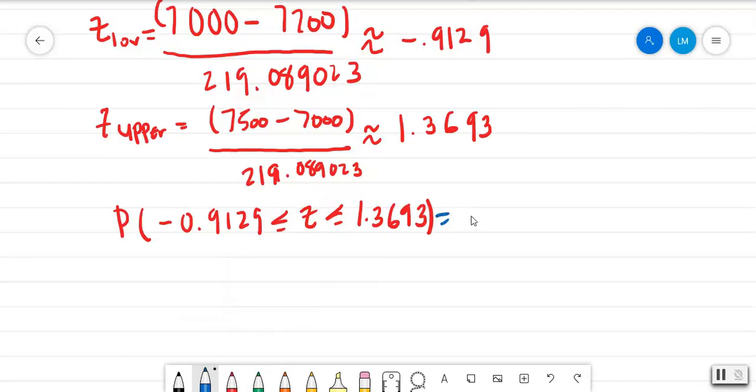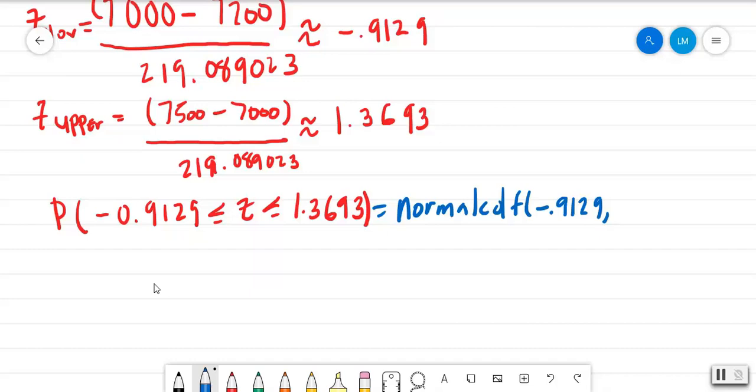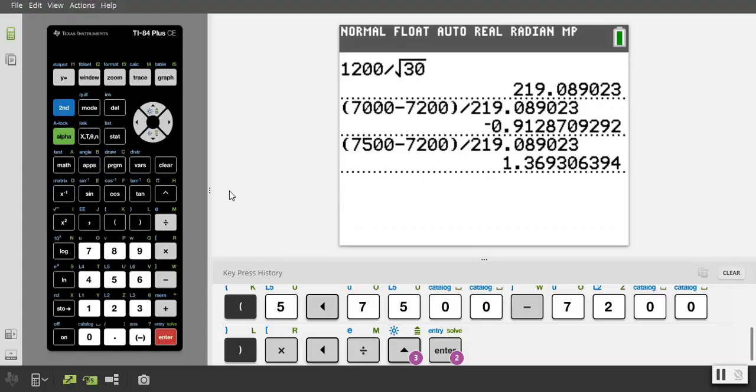We have to use the normal CDF, and we're just going to use our lower limit and upper limit, so negative 0.9129, comma, our upper, 1.3693, comma 0, comma 1, and then we just close it. What that's going to do is tell us exactly what the area is.